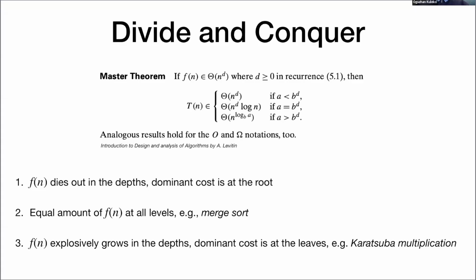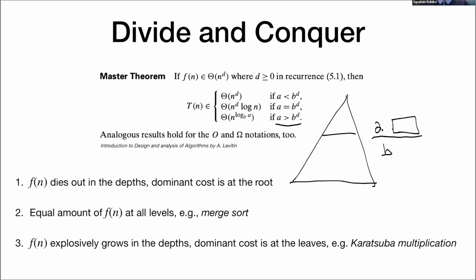And the last one is when a is greater than b to the power of d. That means at each level in this recursion tree, you multiply the load of your parent by a and divide it by b to the power of d.